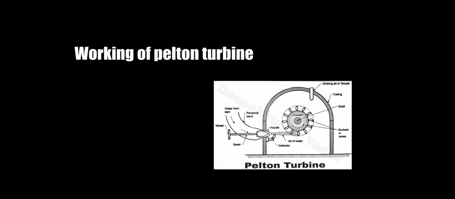Then the water will be split into two equal halves, and the runner starts rotating. The kinetic energy from the penstock is converted into rotational energy because the runner is rotating. This runner is connected to a generator, and hence electricity is produced.